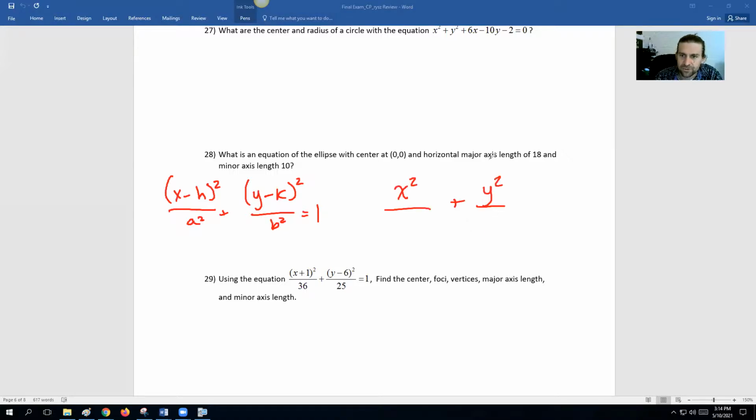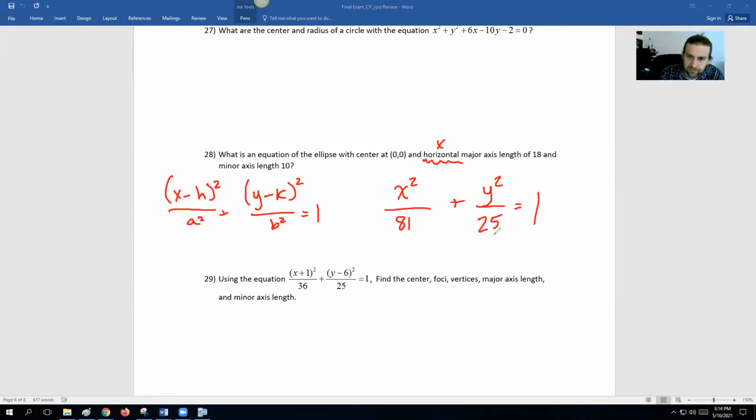If the major axis length is 18, and the major axis is horizontal, that means it's going to be on the x. What we need to do is cut it in half and square it. 18 cut in half is 9, 9 squared is 81. The minor axis is 10, so we cut that in half. That's 5. 5 squared is 25. Equals 1. So there's our answer.